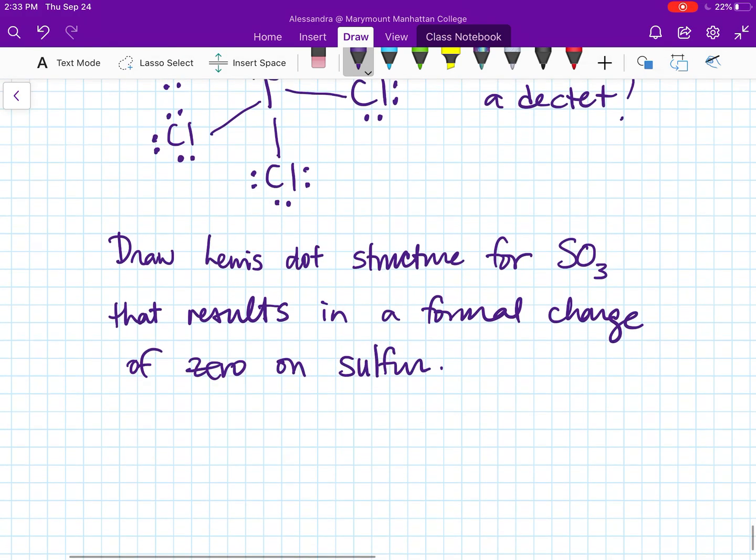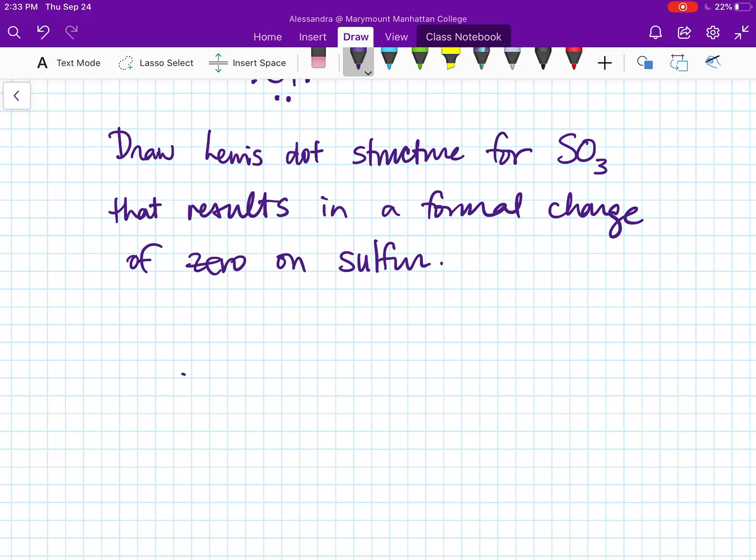Now, you should recall that in a previous lecture, we drew a Lewis dot structure for sulfur trioxide, and we actually drew 3 resonance structures for it, and they look like this. There was this resonance structure, and there were also 2 other resonance structures that were equivalent, just rotated 120 degrees.